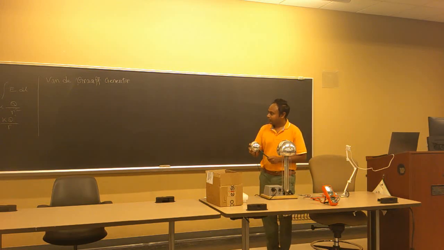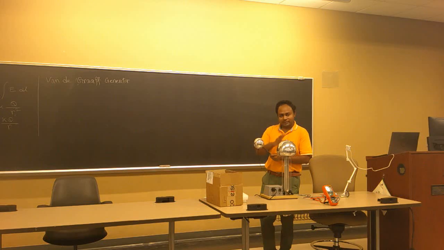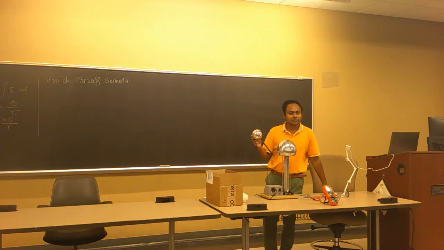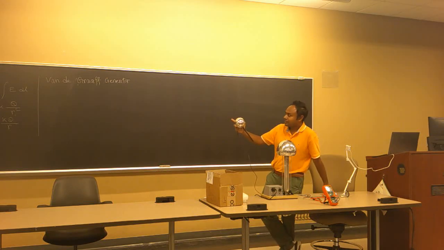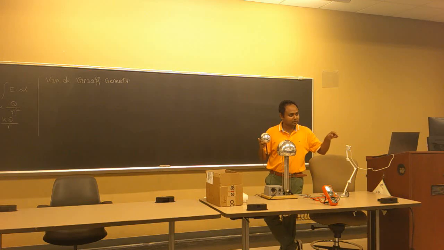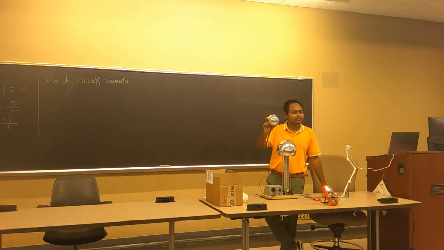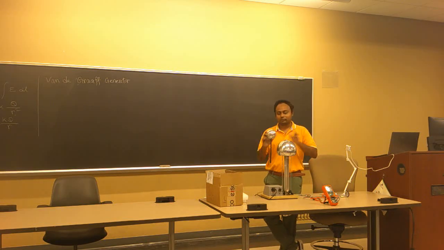That means although both of these guys will have the same voltage, and we are going to measure it, do you think that both of these guys will have the same charge? And how do you know that? Because it says that V is proportional to Q over R. That means the guy which has the lower radius would have the lower charge, right? So they have the same voltage, but they won't have the same charge, correct? So this is very important to know.